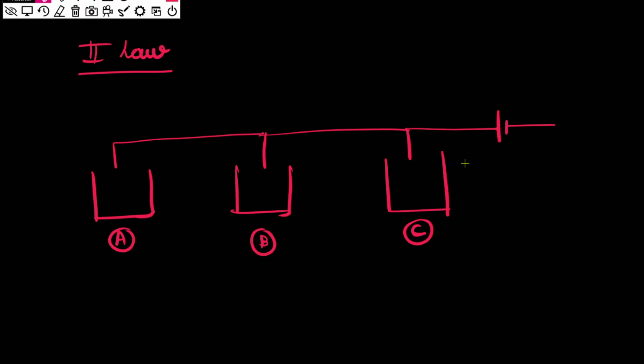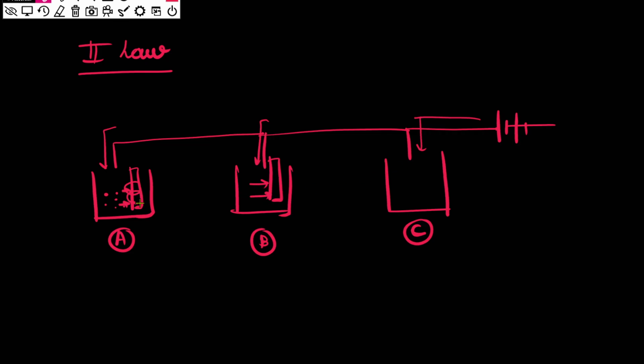In that condition, if the same quantity of current is flowing in all of them, the amount of substance deposited in the different electrolytes will differ. Whatever electrolyte is present, its amount of substance deposited on the electrode will be different from the amount deposited elsewhere.